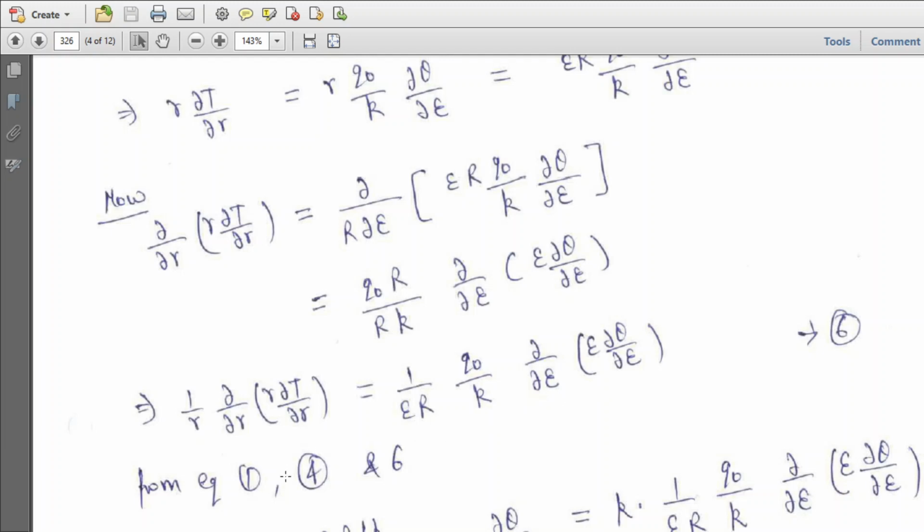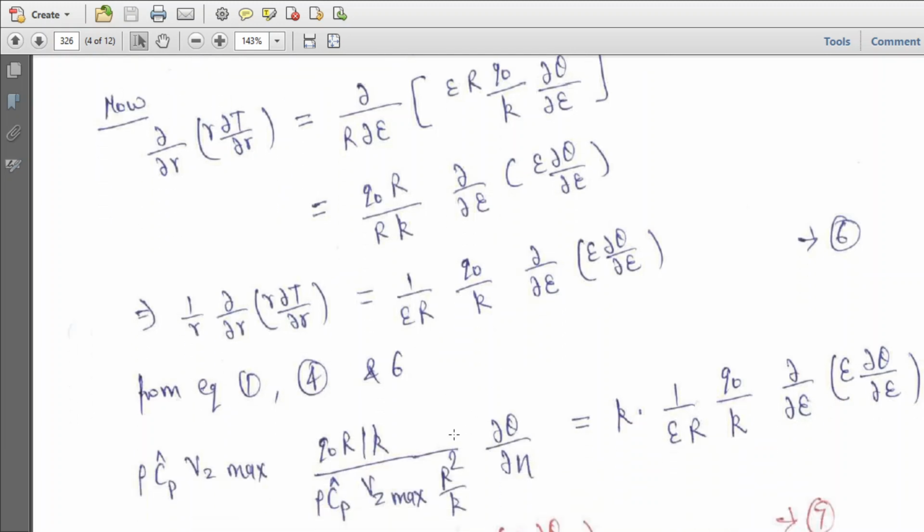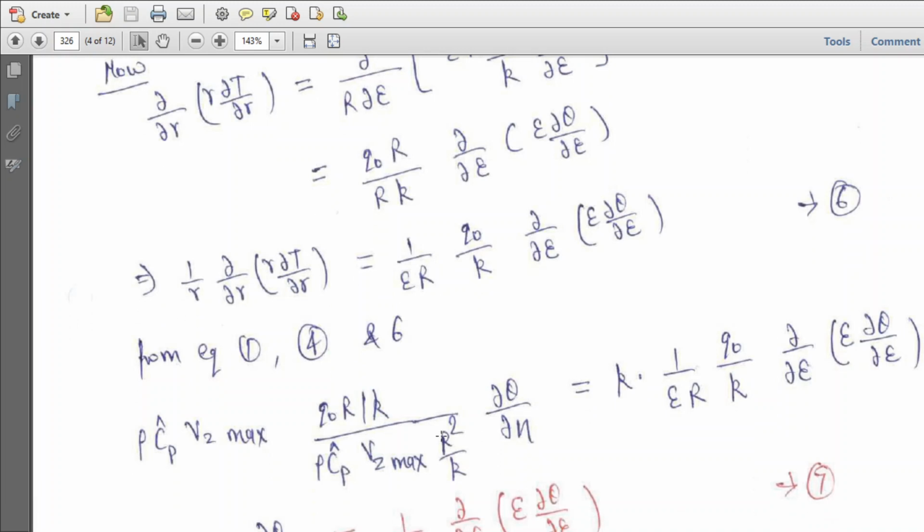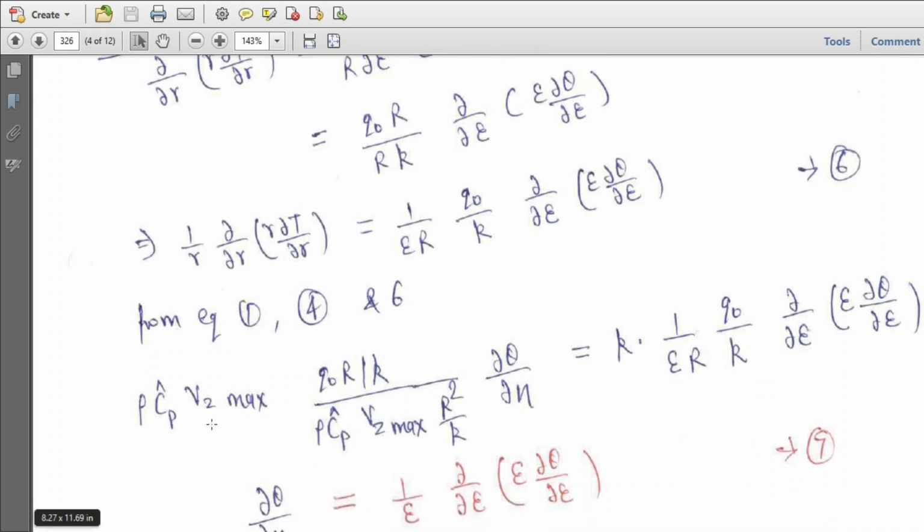Now from equations 1, 4 and 6, we get this equation: ρ Cp Vz max Q₀ r/K, ρ Cp Vz max r²/K ∂θ/∂η equals K times 1/(ε r) Q₀/r ∂/∂ε (ε ∂θ/∂ε).